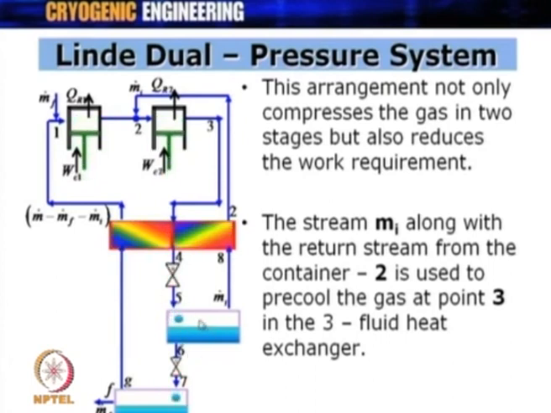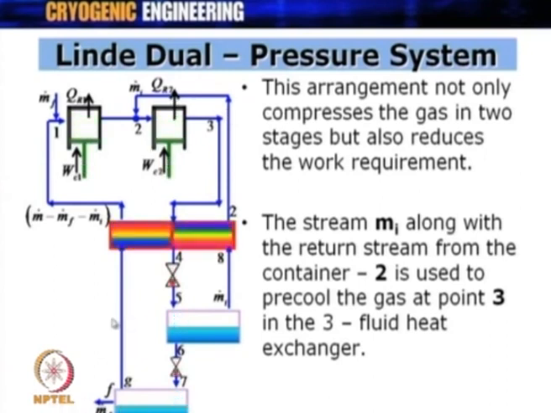From this gas at this intermediate temperature and pressure, the next expansion happens from Pi to Pf, or the lowest pressure which is P1, and here what you get is m dot f, that is the fluid which is getting liquefied. So, this return stream will have m dot minus m dot f minus m dot i, because m dot i has already gone back and m dot f has already been taken off.